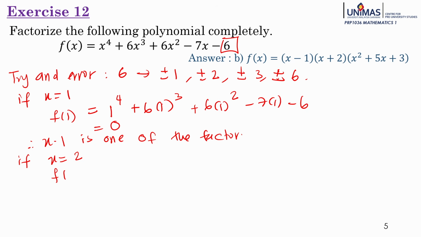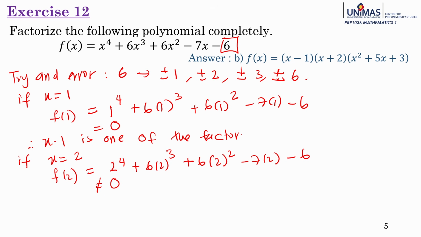So f(2) equals 2 to the power of 4 plus 6 times 2 cubed plus 6 times 2 squared minus 7 times 2 minus 6. When you solve this one, you get not 0. That means x minus 2 is not one of the factors. So in this example, when we substitute the value of x and it is not equal to 0, it's not one of the factors.